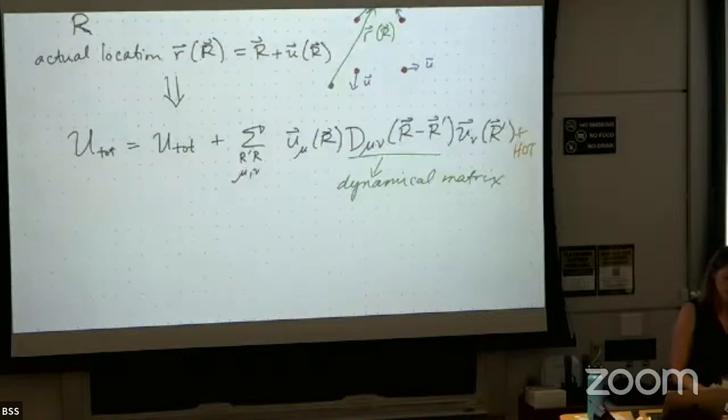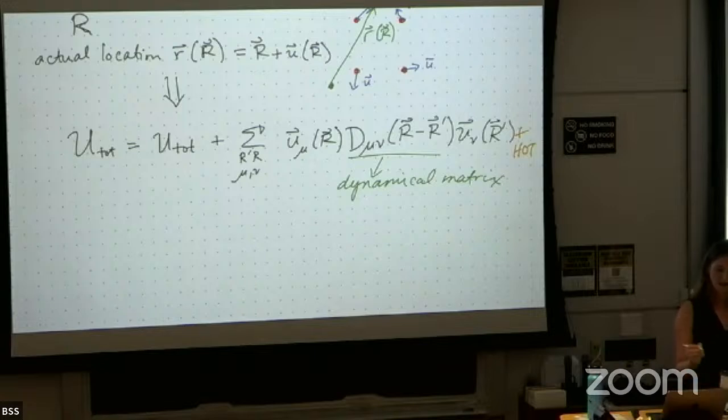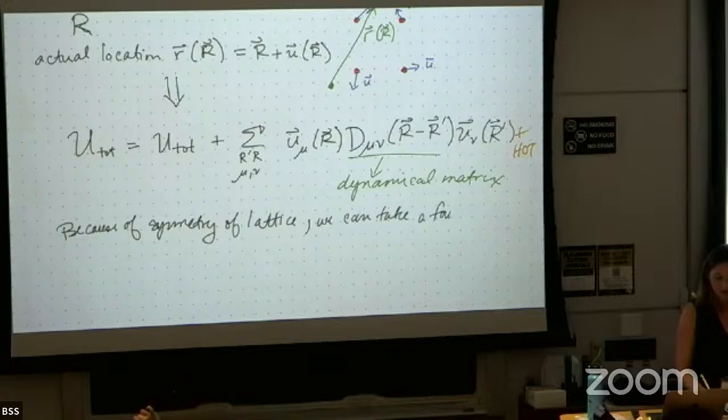The next thing is, because this happens to be a crystal, as assumed in all of Ashcroft and Mermin, because of the symmetry of the lattice, we can take a Fourier transform, or if it's easier for you, we just assume a solution of the form: the u's are proportional to e to the i(kna minus omega t).